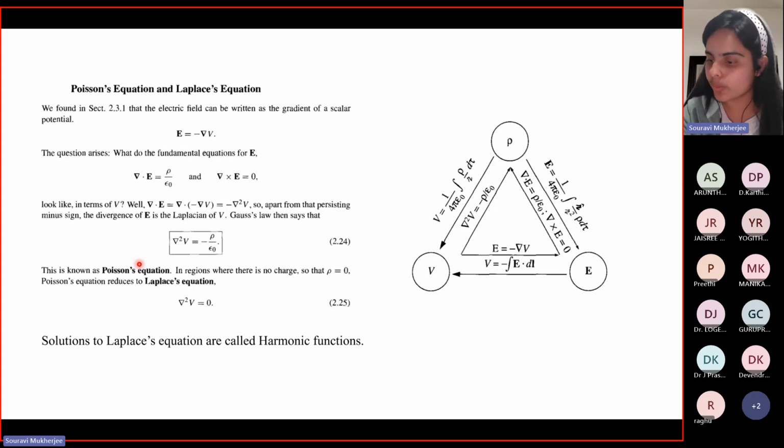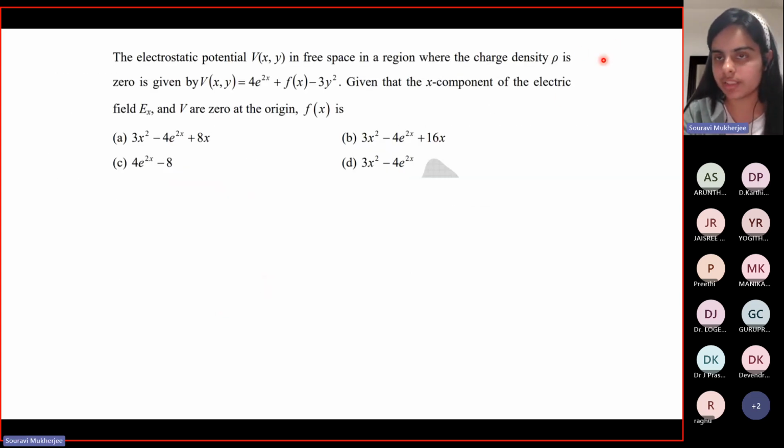And now, because in the question it is said that rho is 0, what turns out is the Laplace equation, right? So you need to use the Laplace equation. Is it clear? So it's not del V into epsilon naught, right? Clear, right? So this is the relation that you need to use, starting with this condition.